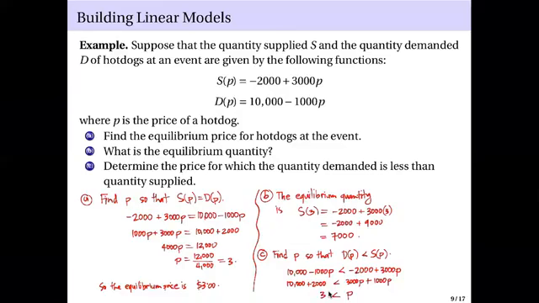Okay? Or this guy here, P greater than 3, which is the one that we expect. Lower demand because the price is higher than the equilibrium price. Okay.